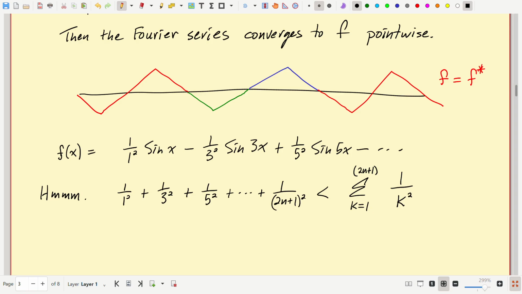And that's a famous thing that you can analyze. It's a p-series. And in fact, interesting, Euler figured out that this sums up to pi squared over 6.